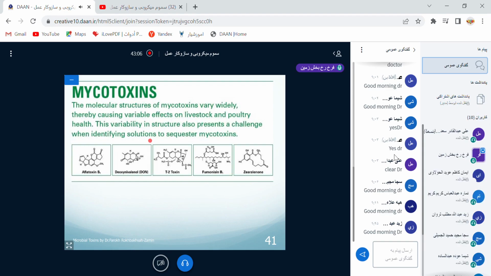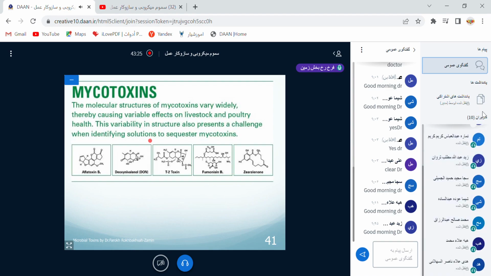If you remember in advanced bacteriology or other lectures, I explained to you first, before defending against the enemy, which our enemies are bacteria, pathogenic fungi, and their toxins, it is necessary to know their structure, to know their mode of action, and after that we can have a program for defense.